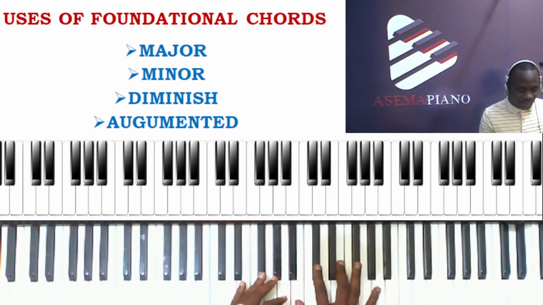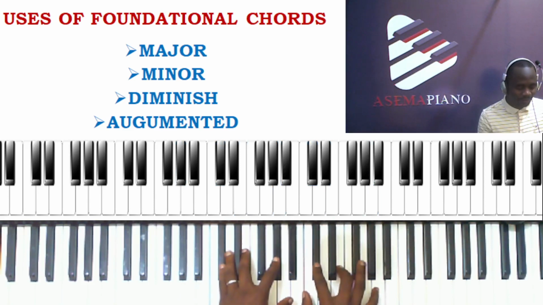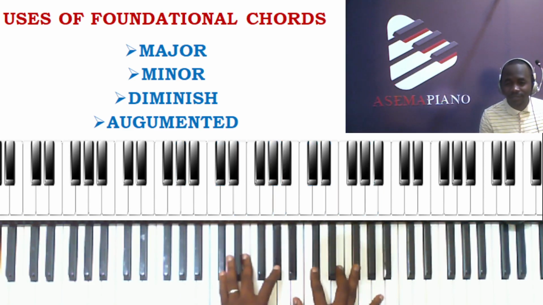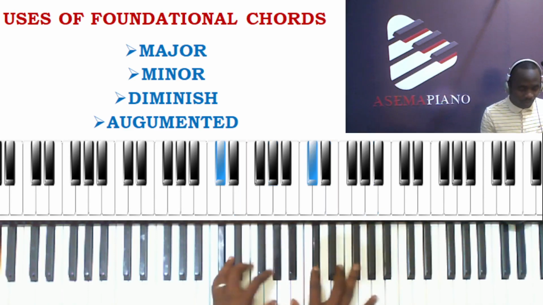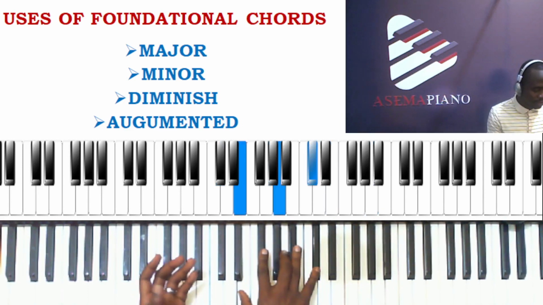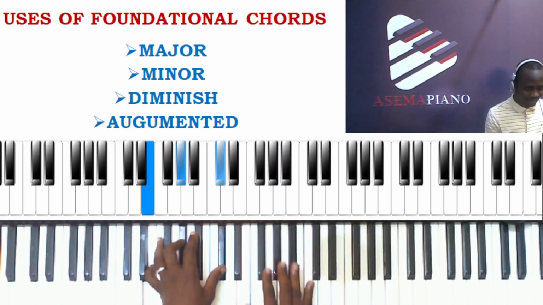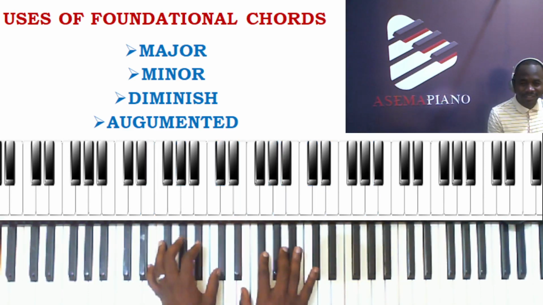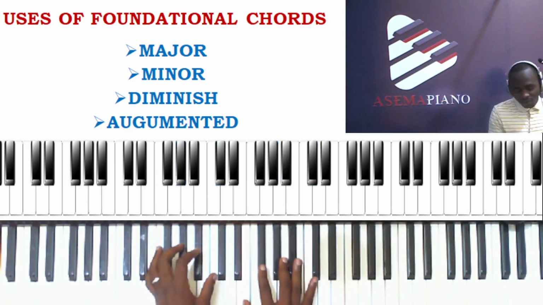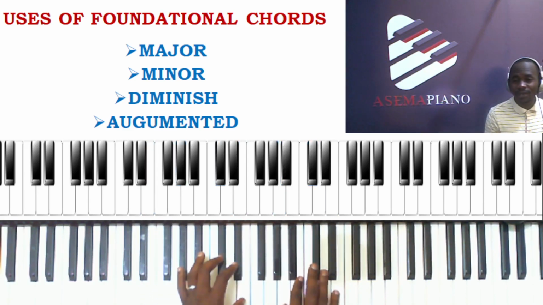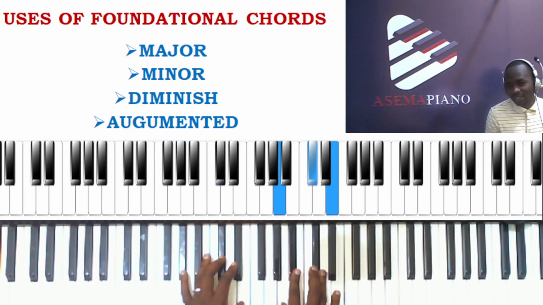So even if I invert it again, I can still get the sound. So depending on the inversion that I have, see? So all these are the options that I have while playing the major 7.